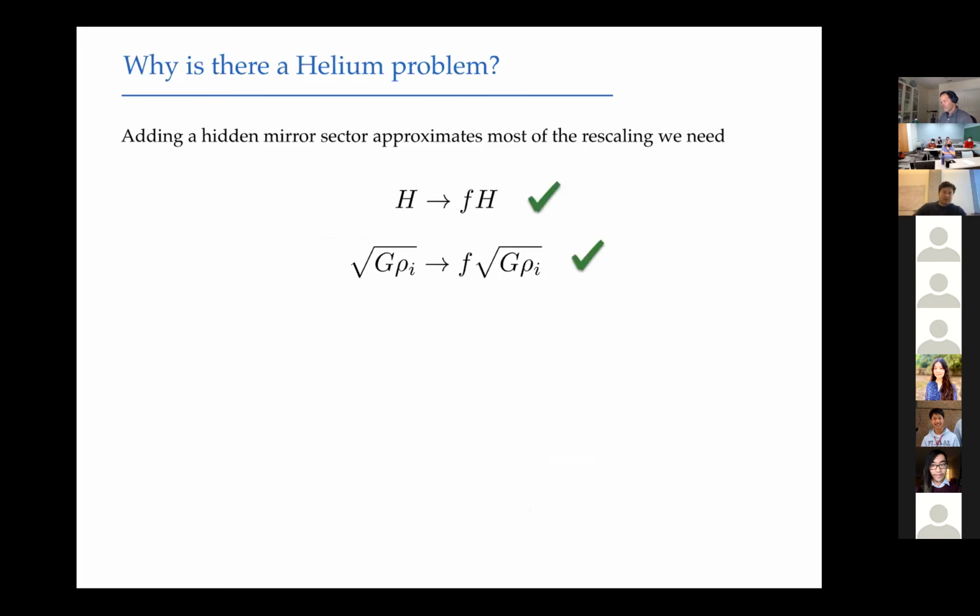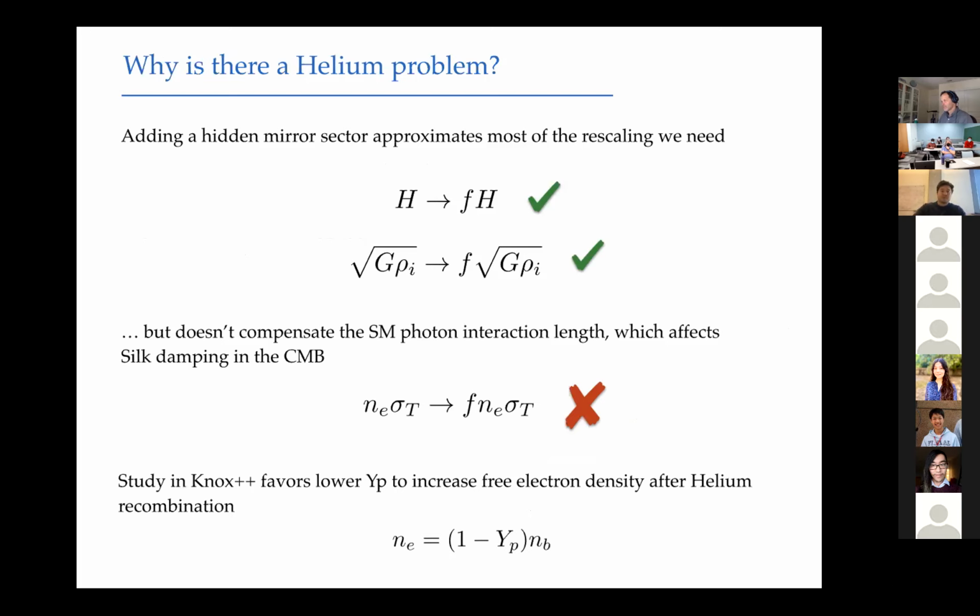So while we're able to rescale H and root G rho, the issue we run into is with Silk damping, because the electron number density is sensitive to the helium fraction. And so in order to get a good fit to CMB observables, what was done in this earlier paper is that YP was allowed to float.